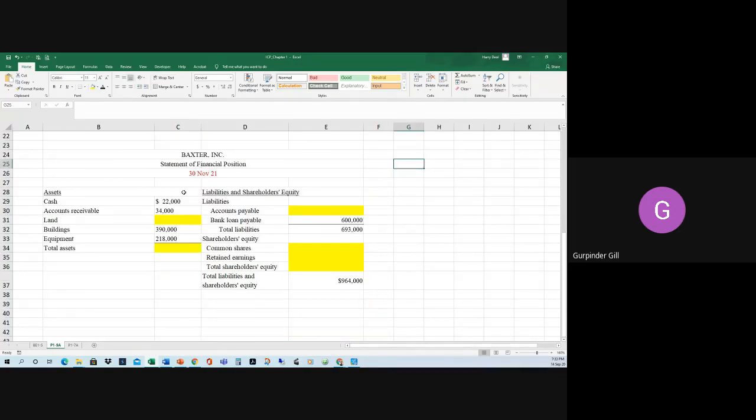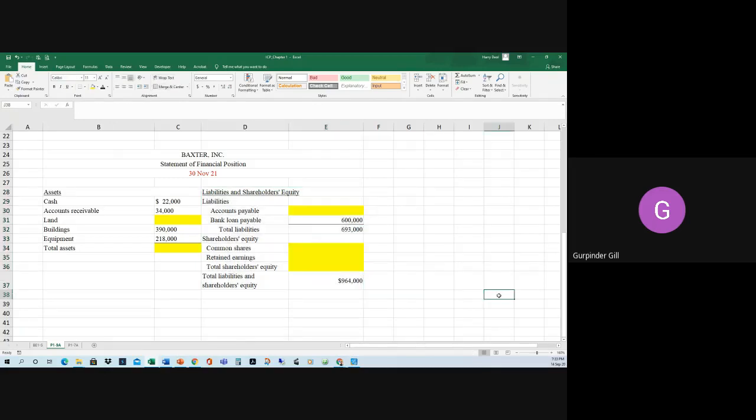Okay, so this is your statement of financial position, and this is what the T account layout is. Your total of assets on the left-hand side has to equal your total of liabilities and shareholders' equity. No way they should be out.